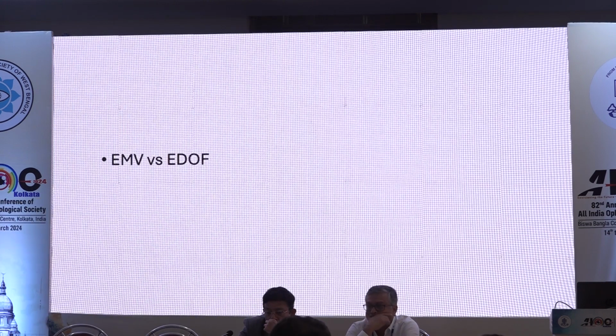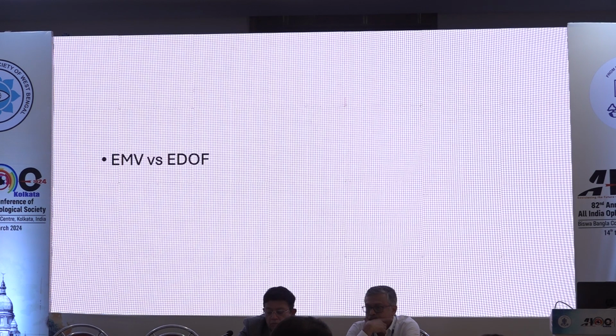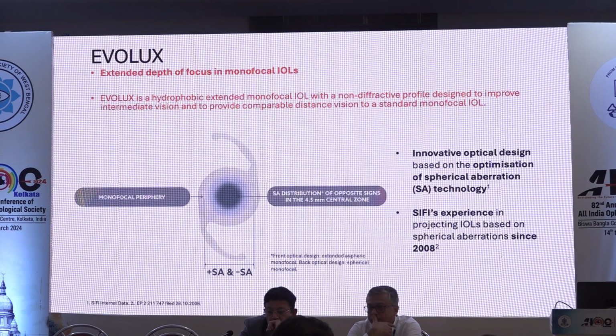The other lenses, which we consider EMV lenses, enhanced monovision, are not constant in giving intermediate vision. Evolax is an EMV lens with extended depth of focus, on a hydrophobic platform.